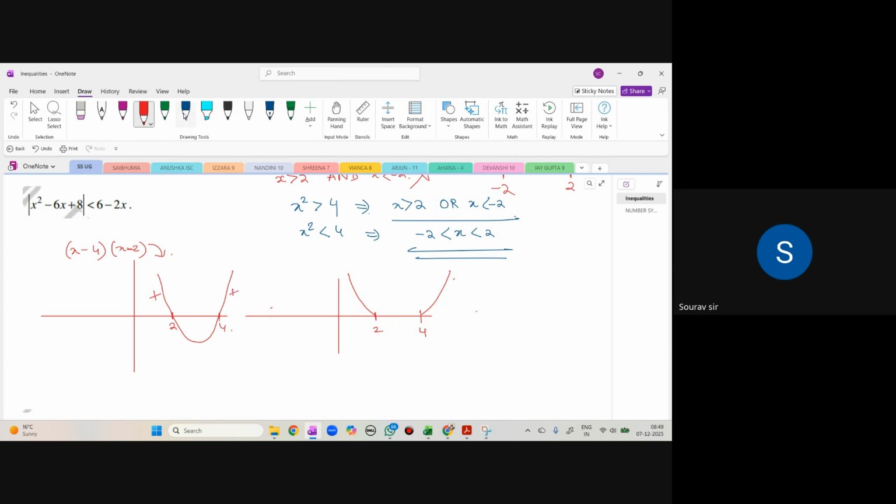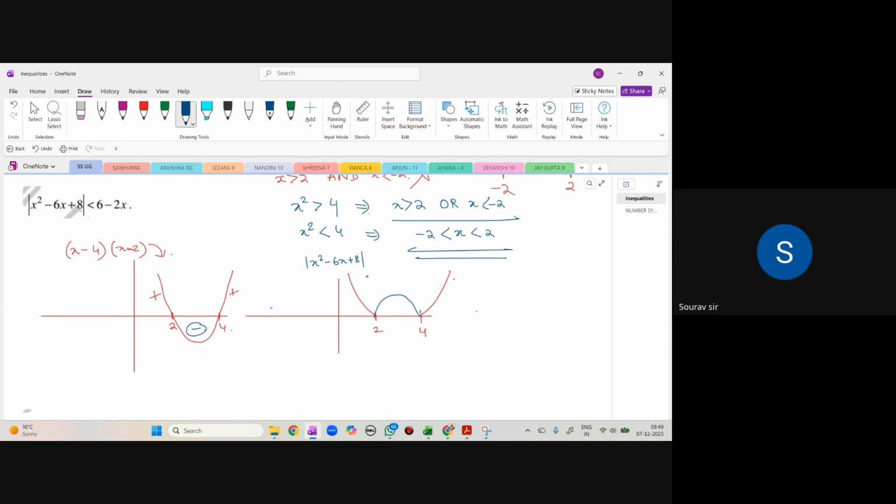But wherever it is negative, this negative value has to become positive when you are doing mod. So it will be reflected on the x-axis. So the graph will become like this. This is the graph of mod of x square minus 6x plus 8. Clear? Yes, sir. Okay. So this is the difference between the two graphs. One is a parabola and one is this graph.